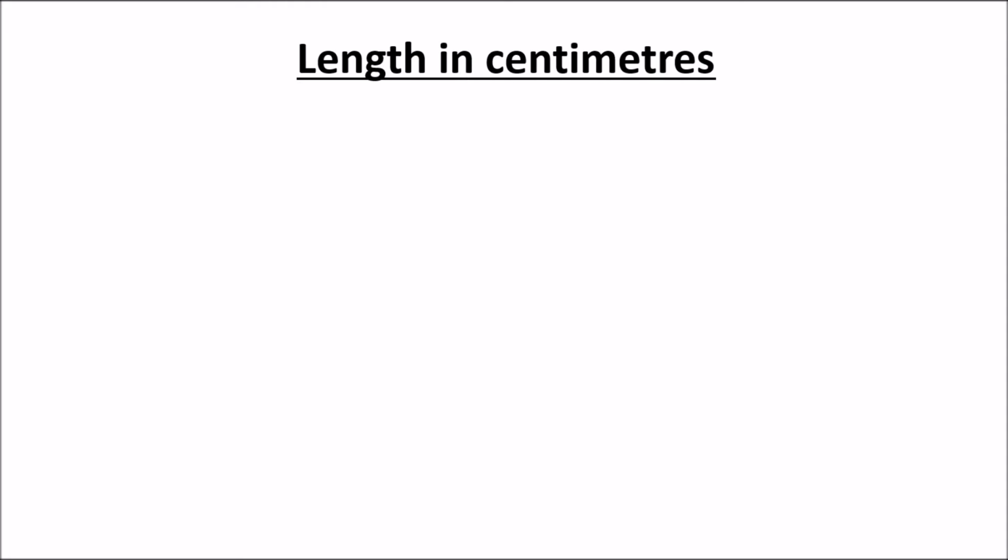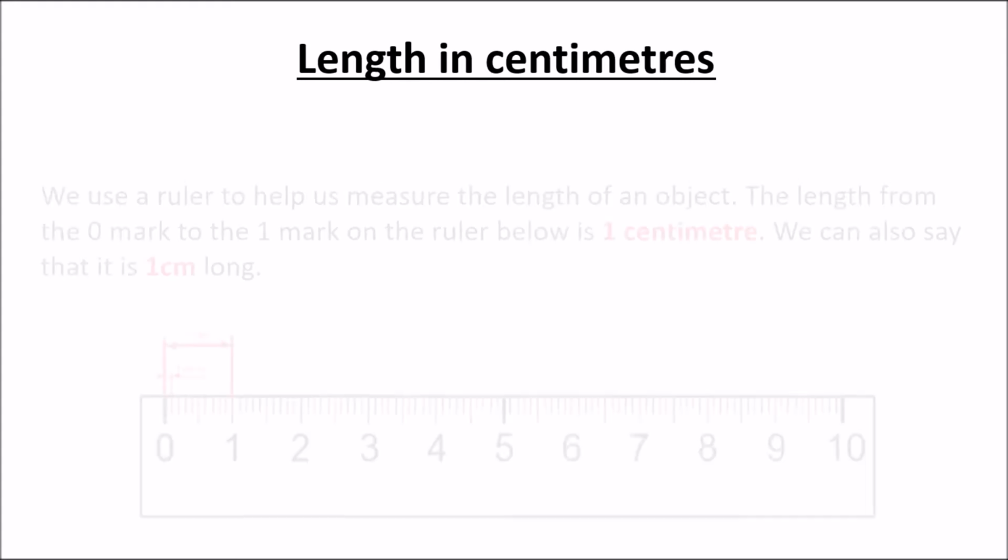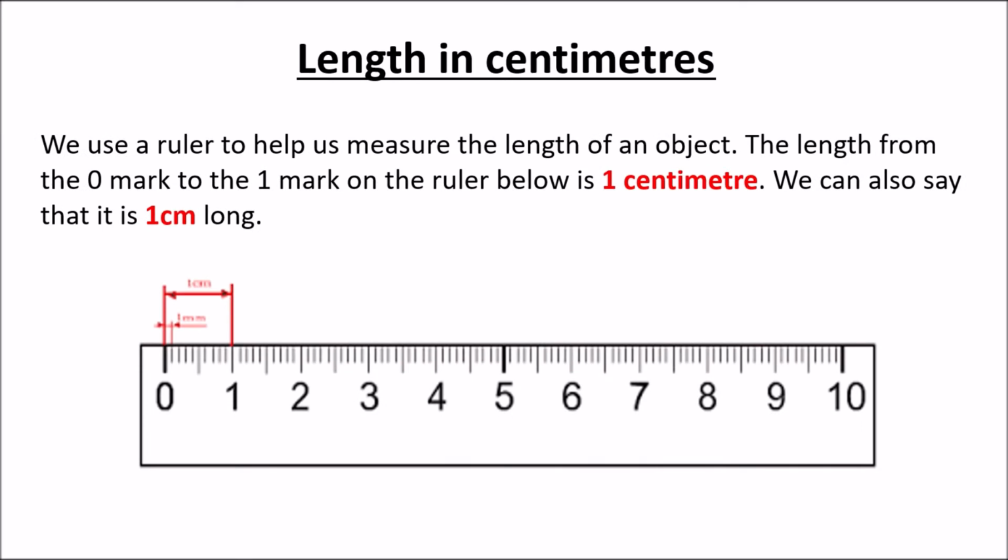Okay, let's recap. Do you remember we spoke about length in centimeters? Now, we use a ruler like this one that we have in school. We use a ruler to help us measure the length of an object.